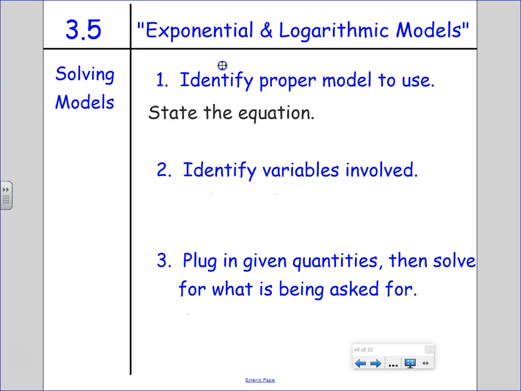Sometimes they give wording that helps us make the equation ourselves. You guys know wording from before, like sum, difference, is, means, equals. We have our different variations. Now we have exponential and logarithms that might show up. But usually they'll give you an equation. You have to figure out what variables are in the equation. You have to know what each of them represents. What are they standing for? What are they talking about?